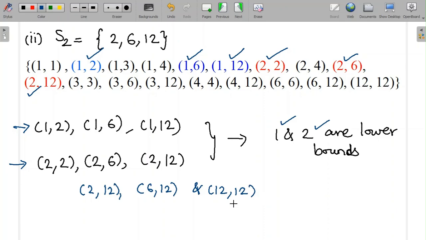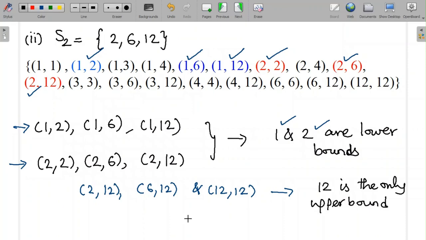The only number that is on the right of all these three elements is the number 12. So 12 is the only upper bound, and therefore 12 is the LUB of the subset S2. There's no other number which is the upper bound of all three elements. Therefore, it by default becomes the least upper bound.